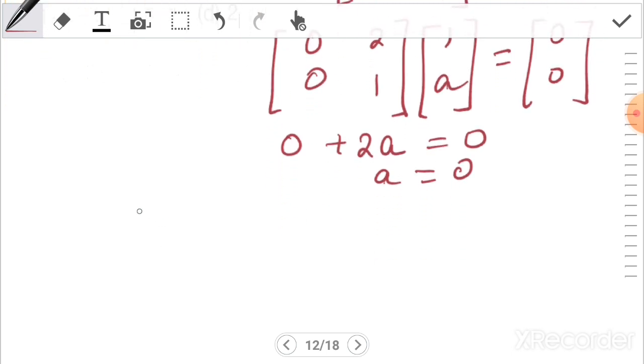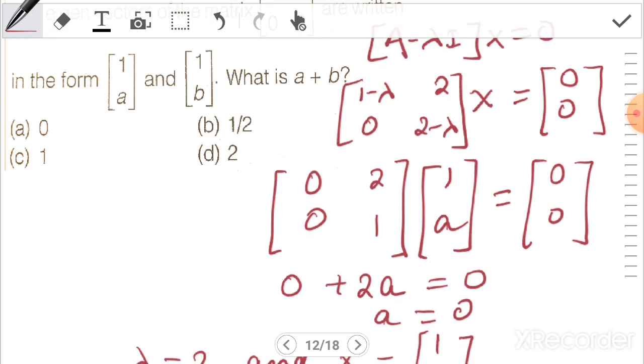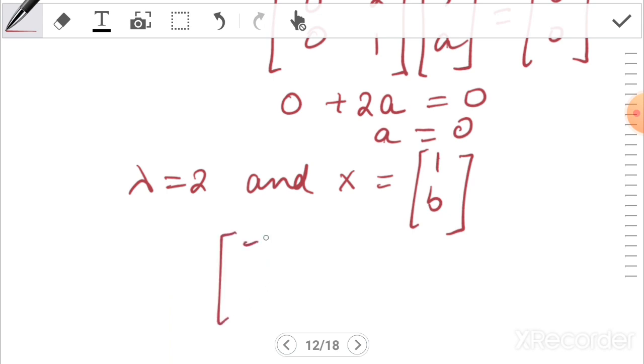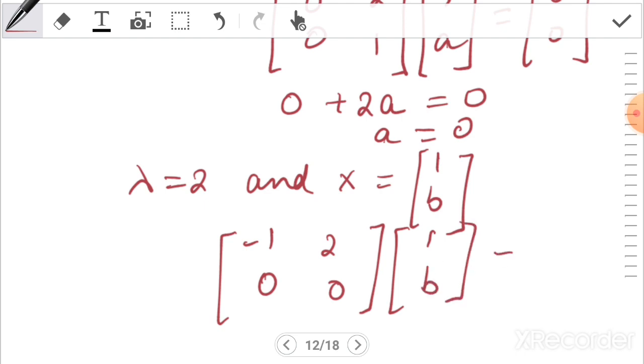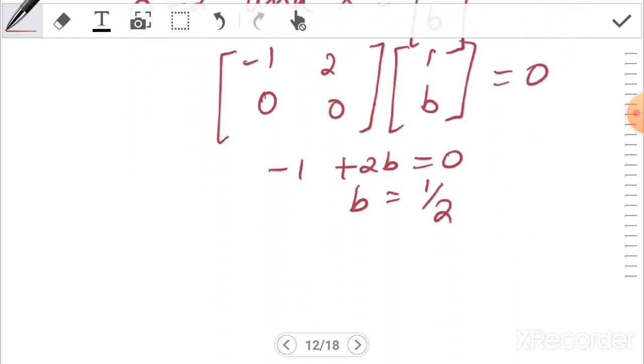Again, putting the value of lambda is equal to 2 and x as 1, b, so we'll get minus 1, 2, 0, 0, 1, b is equal to 0. We'll have minus 1 plus 2b is equal to 0. Okay, so b is equal to 1 by 2. A is equal to 0, b is equal to 1 by 2.